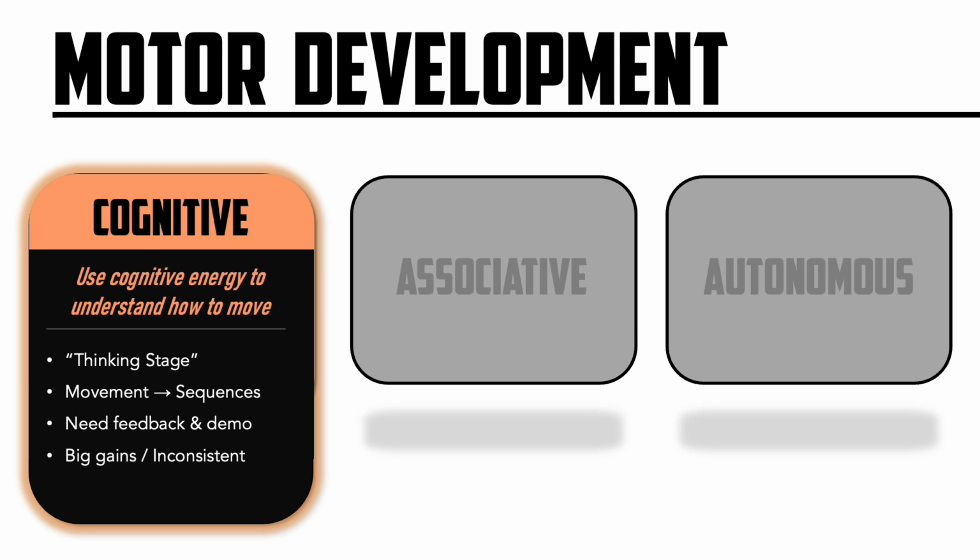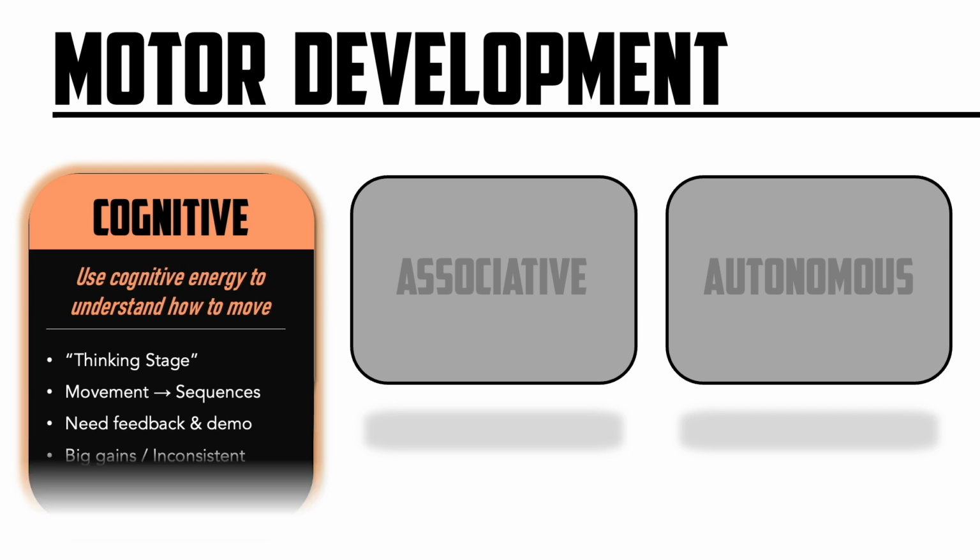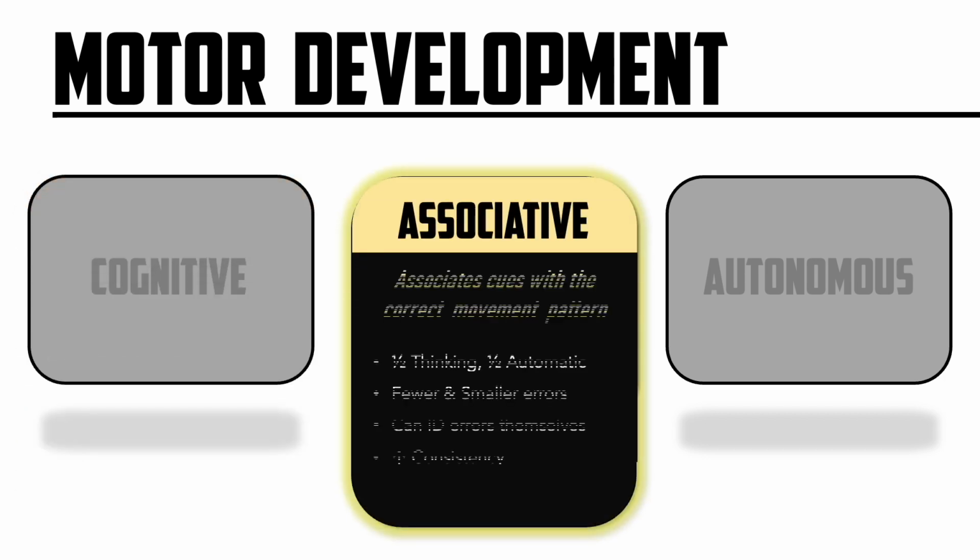To me, that's what a drill progression is. They're in these early stages of learning. They need consistent feedback, and they rely heavily on demonstration. So it's important to set up your drills and progressions in a manner that fosters an environment that allows those guys to be successful. Once they've dedicated the right amount of time, they'll end up progressing to the associative stage.